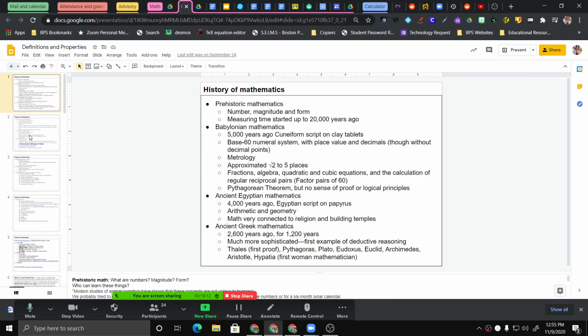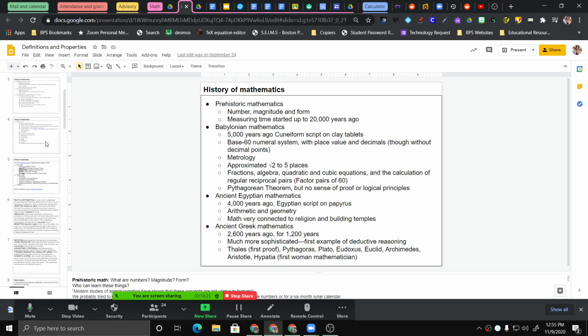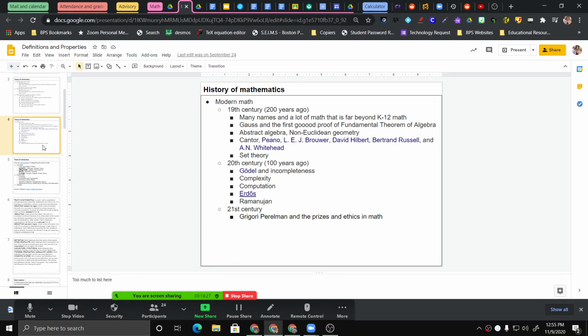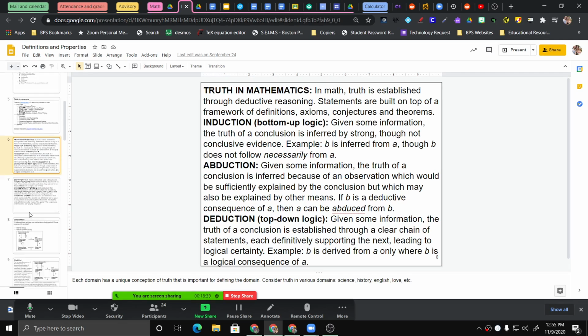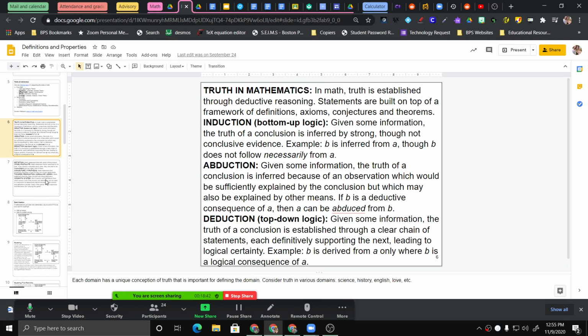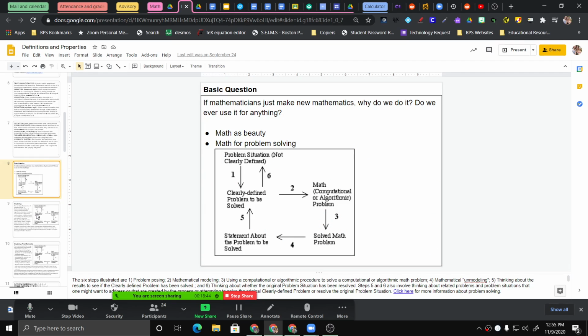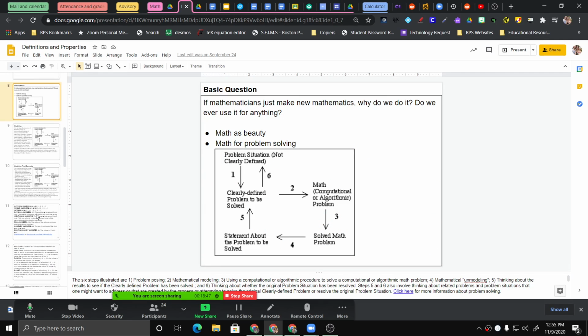Inside here, the first thing is a history of mathematics, and that's a bunch of slides long with a ton of interesting content that hopefully we'll get to cover at some point soon. A list of the fields that make up mathematics, and some things about how you talk about truth and how you do modeling, how you model the real world with mathematics.